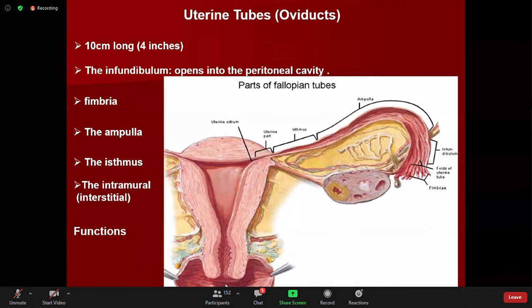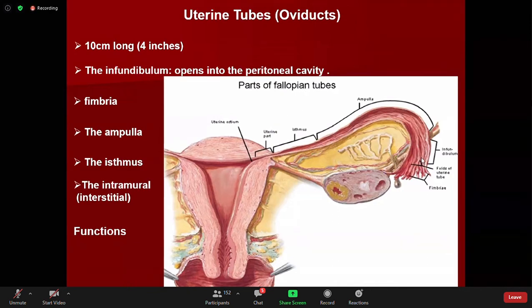So there is continuity between the cavity of the vagina, the cervix, the uterus, the fallopian tube, and then into the peritoneal cavity. So infection can spread from the vagina or the uterus to the peritoneal cavity. We don't have that link in males between the peritoneal cavity and the outside.